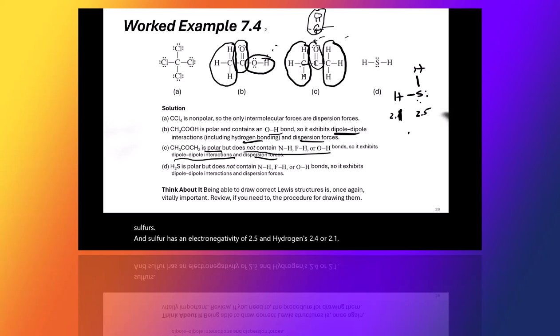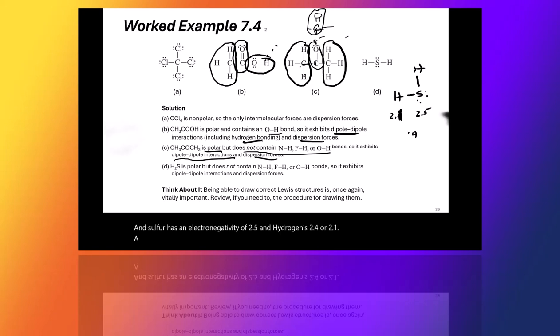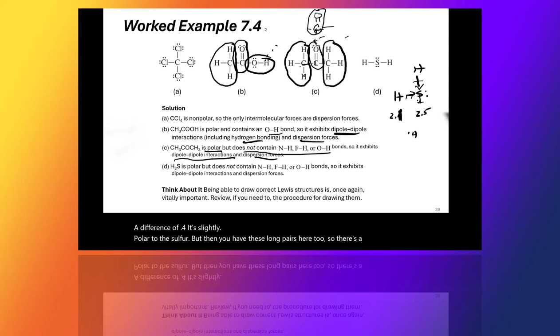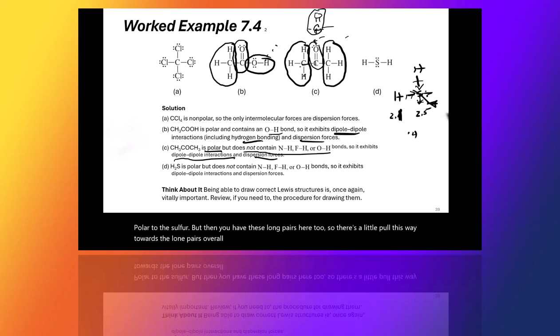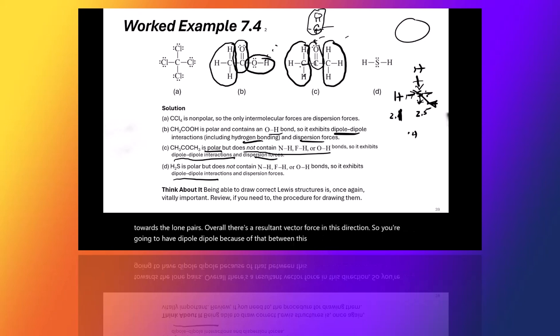A difference of 0.4. It's slightly polar to the sulfur, but then you have these lone pairs here too. So there's a little pull this way towards the lone pairs. Overall, there's a resultant vector force in this direction. So you're going to have dipole-dipole because of that between this molecule and another molecule, and you're also going to have dispersion forces. This one's a little tricky.